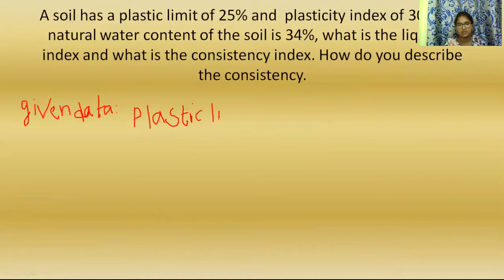Plastic limit, the symbol is PL or W suffix P. Plastic limit W suffix P is equal to 25%, and plasticity index of 30. Plasticity index symbol is I suffix P.